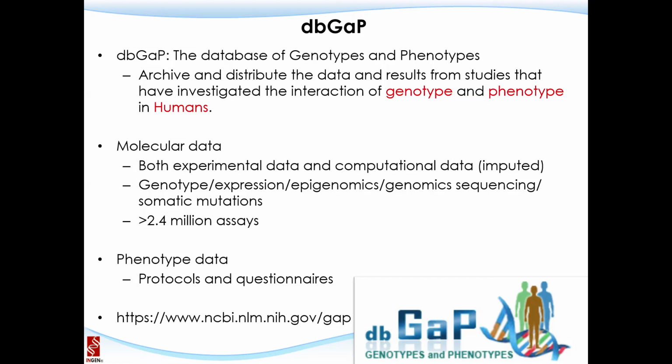As a graduate student, you cannot access the dbGaP database. It has to be initiated by the PI, and then it has to be signed by the university officials. And you have to provide a proposal to access the different data sets.